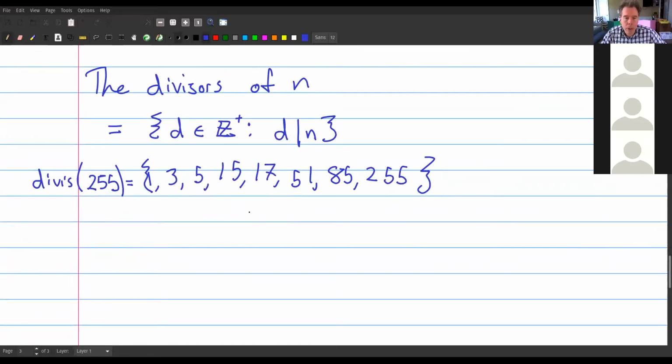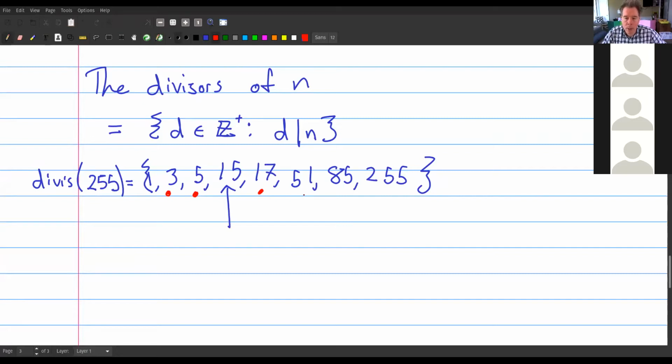So these are not all prime. What's an example of a number on this list that's not a prime? 15. Yeah, 15 is not a prime, right? So which ones are the prime factors? There's 3, 5, 1 is always there, 17. 51 is not prime.